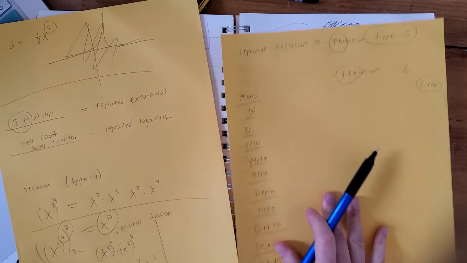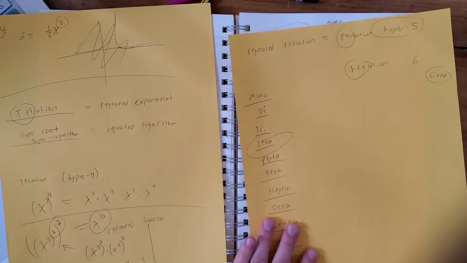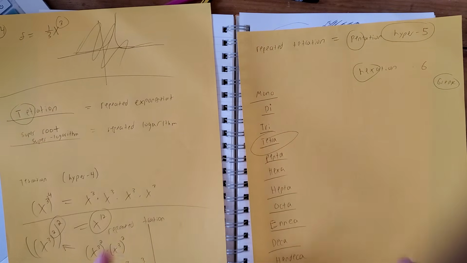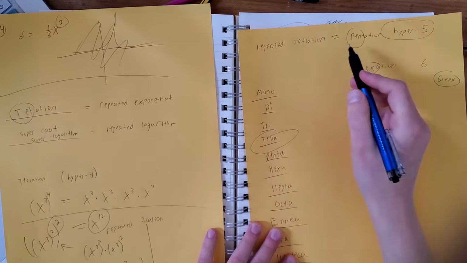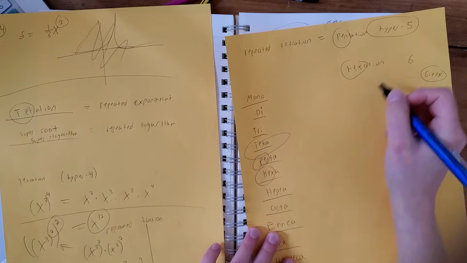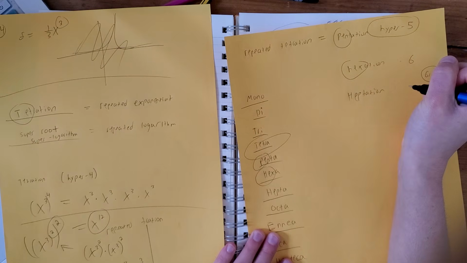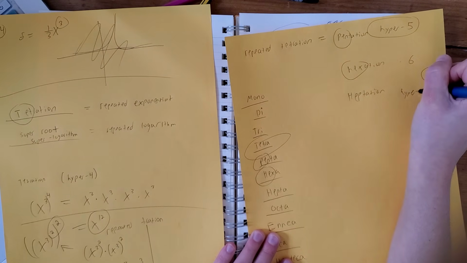So since we had tetration as the 4th hyper operation, and pentation as number 5 and hexation as number 6, does that mean heptation would be hyper 7?